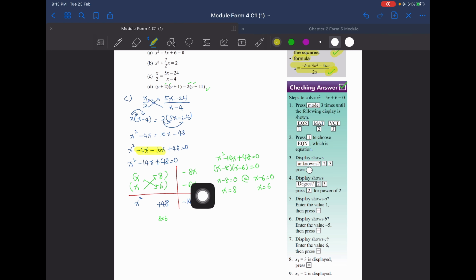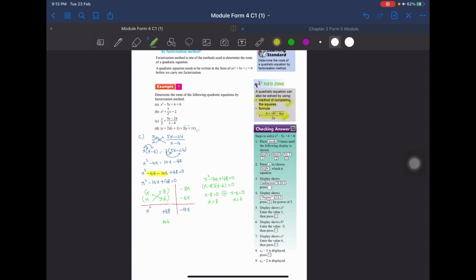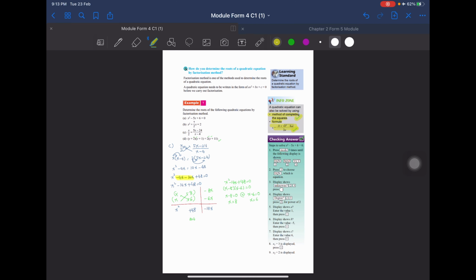What you need to do is change this expression into general form, and then you press your calculator, you will get your final answer, and then we reverse your solution. So that's why we call it backward solution. I will show it to you after this.